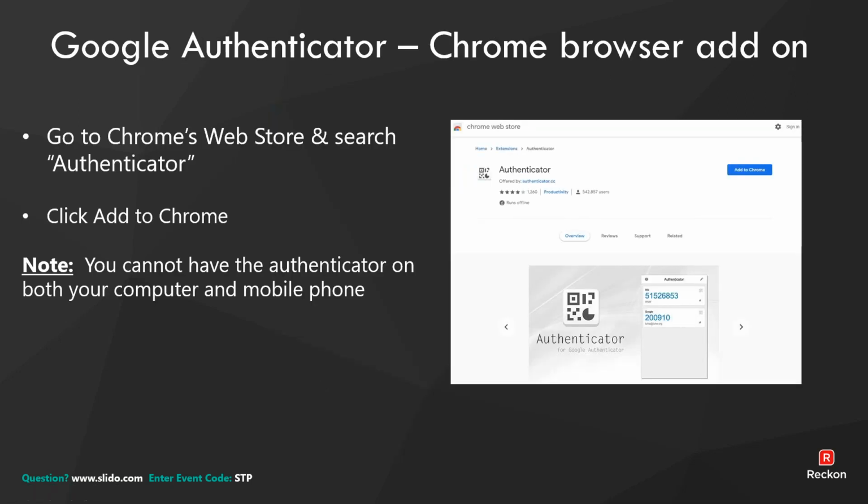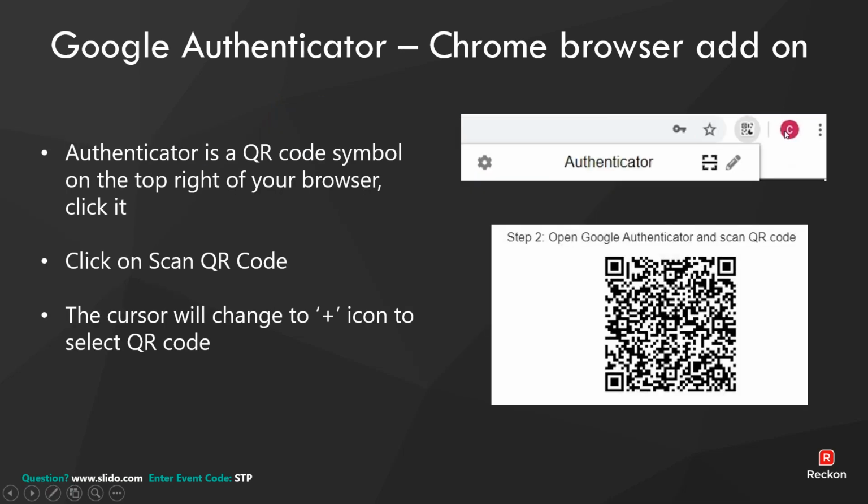verify. If you're using the Chrome extension, you can basically go to the Chrome web store and search for Authenticator, and it'll add on as a little Chrome extension if you're using Google Chrome. And basically you launch the QR code symbol.